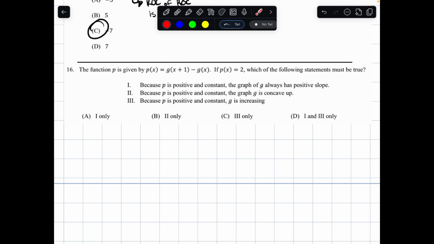Let's look at what it looks like. These are two y values: g of x and g of x plus 1. The way I like to think of it, this is a y value, and this one is the next y value.